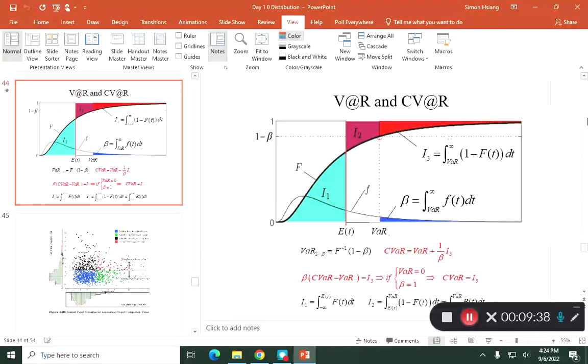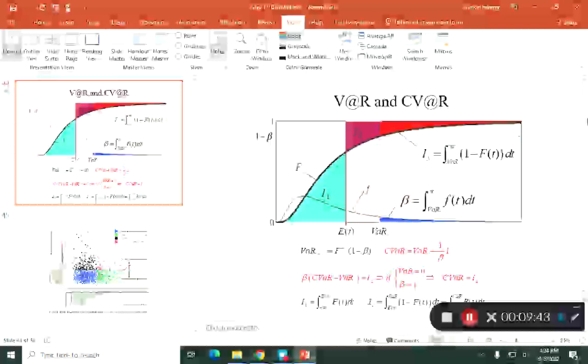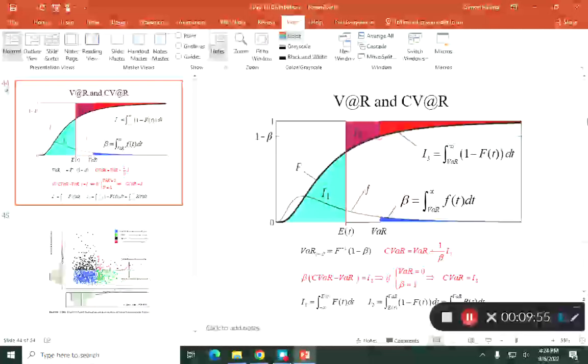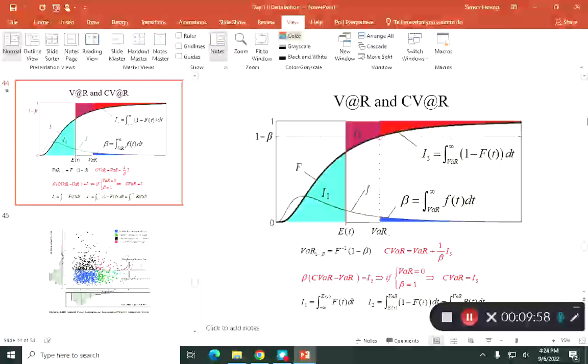So your alpha level will be very, very small. So your VAR, the blue region, is getting smaller and smaller, which means I have to set it up at a certain level. And then what we're really interested in is, you set it up at that level, how much residual life is still there. So if I wait way too long, you might as well just forget about it. But if you try to do it too early, you're wasting a lot of resources.